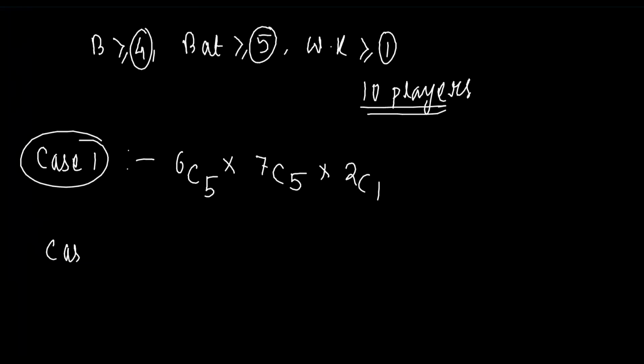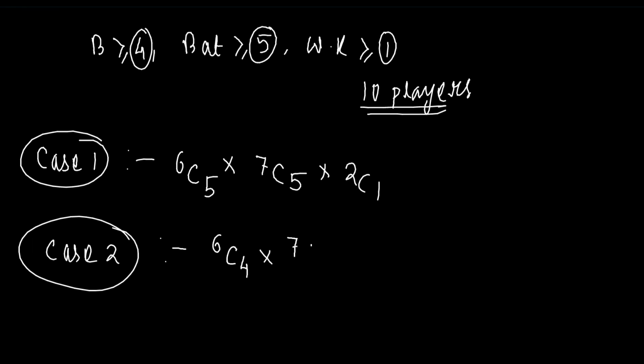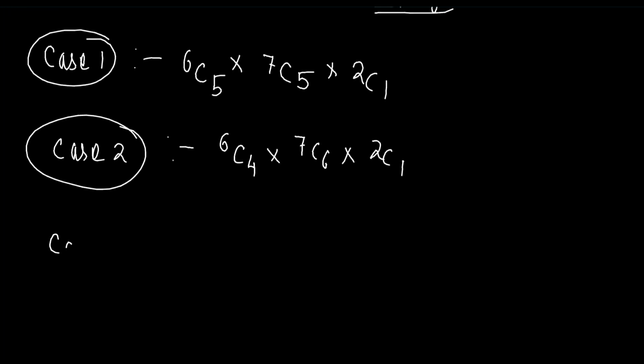Now in case 2, we take 4 bowlers and 1 wicket keeper, but now we take 6 batsmen. So this is 6C4 into 7C6 into 2C1. Okay, this is case 2. What is case 3?